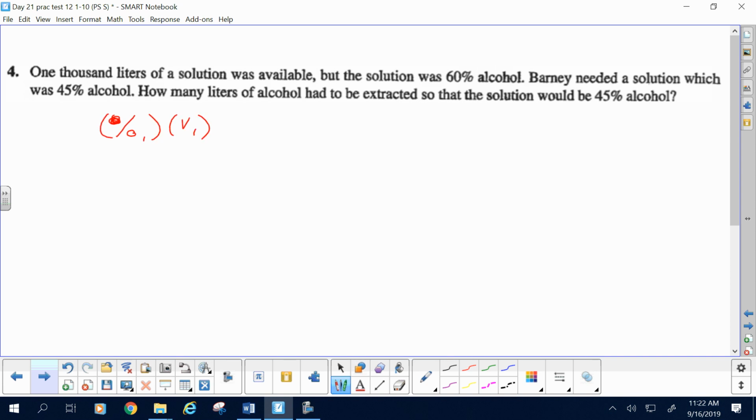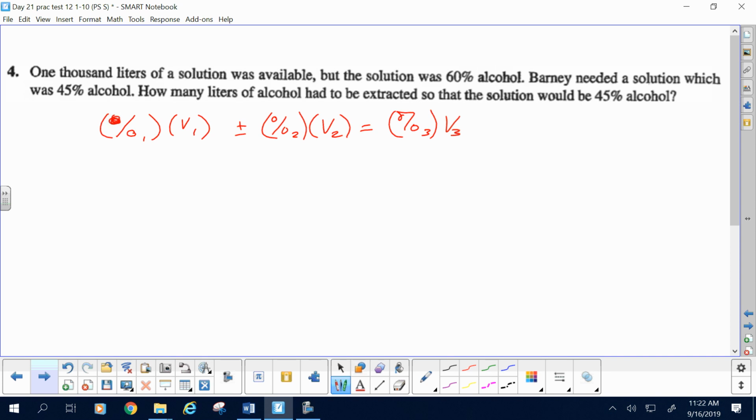I don't know how you were taught these. This is how I was taught these. Did you do something like percent 1 volume 1 plus or minus, depending on the case, percent 2 volume 2 equals percent 3 volume 3? Is that looking familiar-ish? Okay.